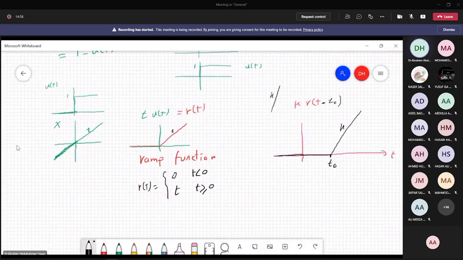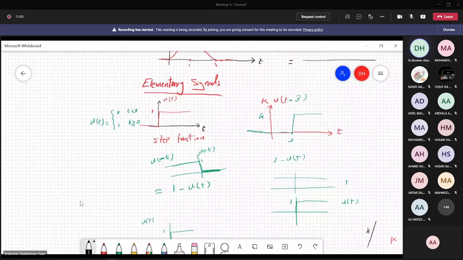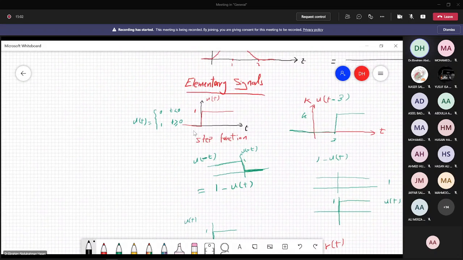What about discrete? For discrete, this is the function, continuous and discrete. This is n: minus 1, 0, 1, 2, 3, 4. Anything before 0 is equal to 0, so here we have a 0.